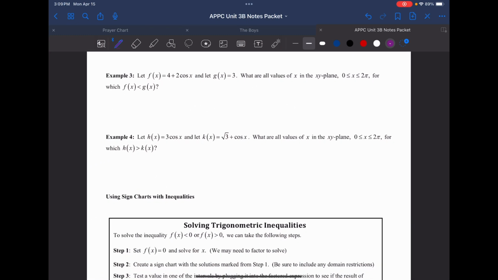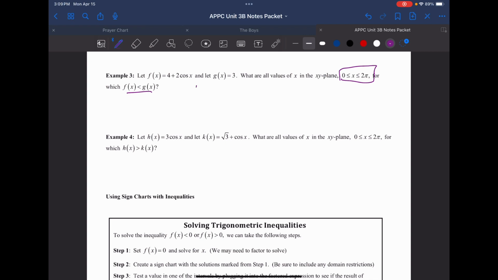Second one here, let f of x equal that expression and g of x equal 3, and it wants all the values in the xy plane, restricted, domain restriction, there's no plus 2 pi k or plus pi k, for which f of x is less than g of x.